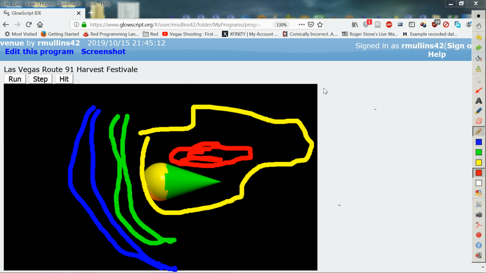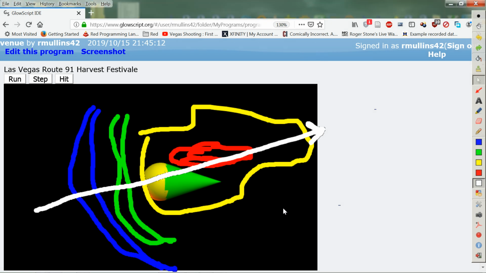And what that lag told us was that if the bullet is traveling along through here, that's the path of the bullet. The white line is the trajectory of the bullet, and the source of everything is somewhere right in here.